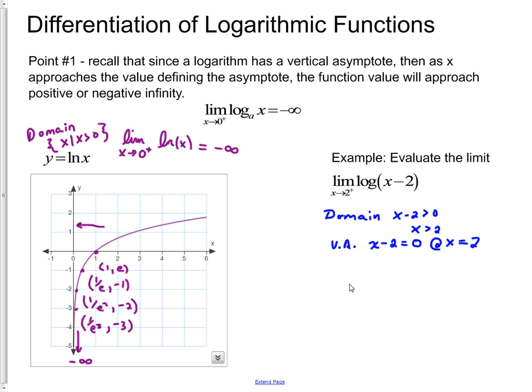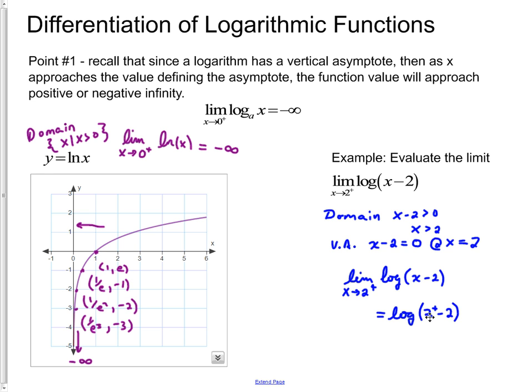And so we can see what's going to happen right here is basically the same thing that happened in our other limit. As we let x approach 2 from a value slightly greater than 2, the argument is one in which we're taking something slightly greater than 2 and subtracting 2 from it.